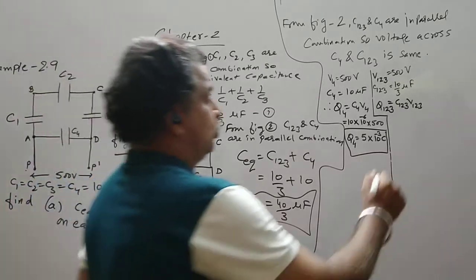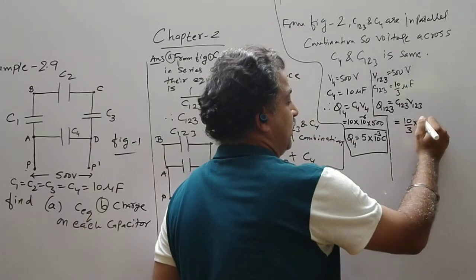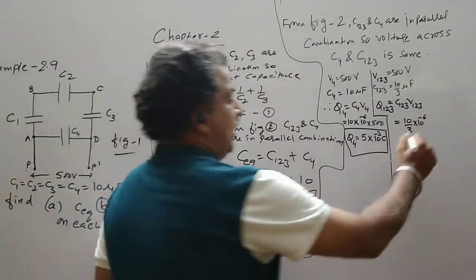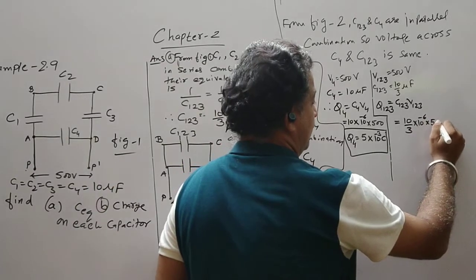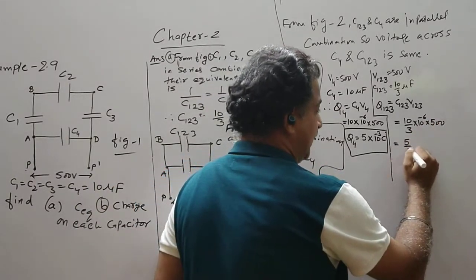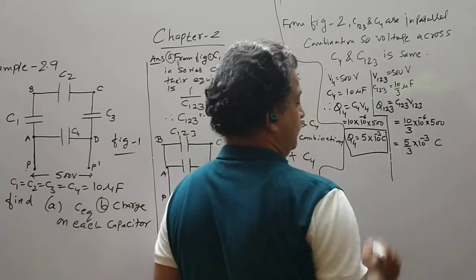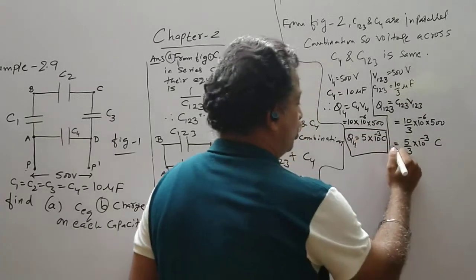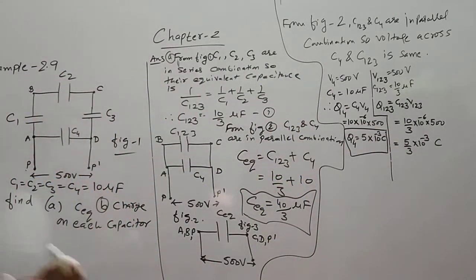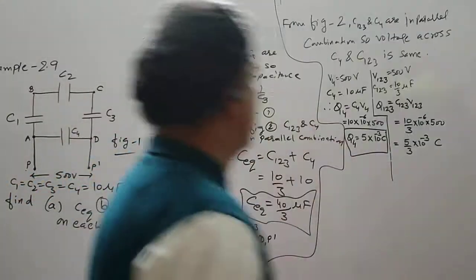This is equal to 10 by 3 into 10 raised to minus 6, multiplied by 500. So this is equal to 5 by 3 into 10 raised to minus 3 coulomb. That is our Q123. We need to find out Q1, Q2 and Q3, so we found Q123.